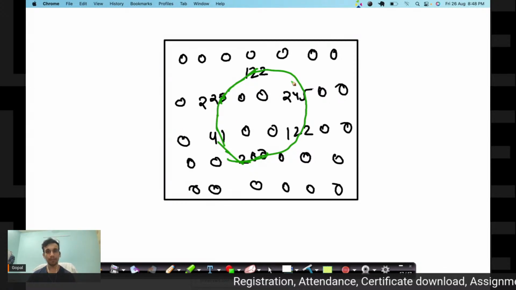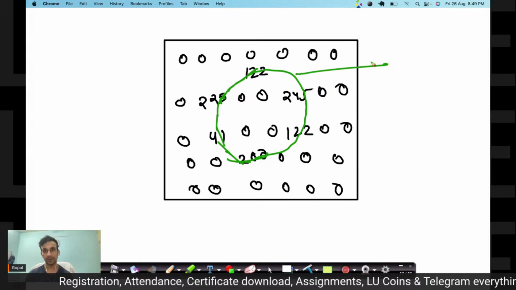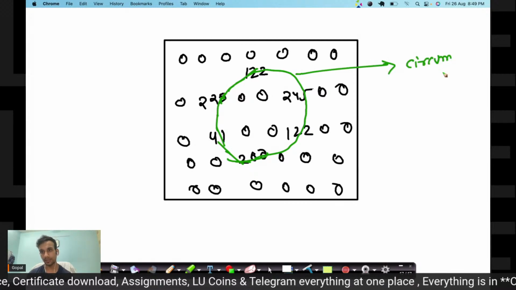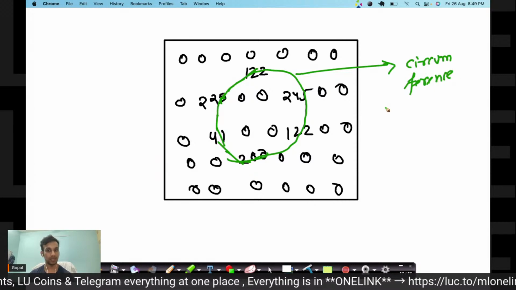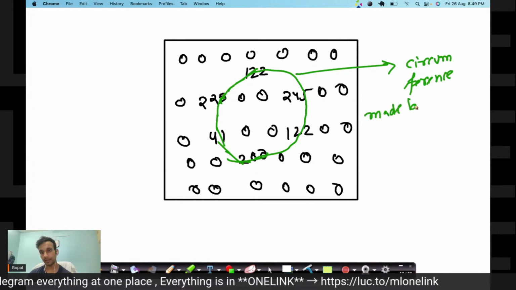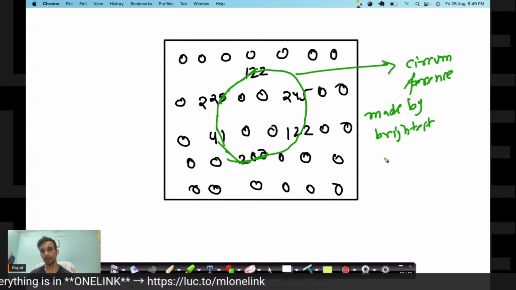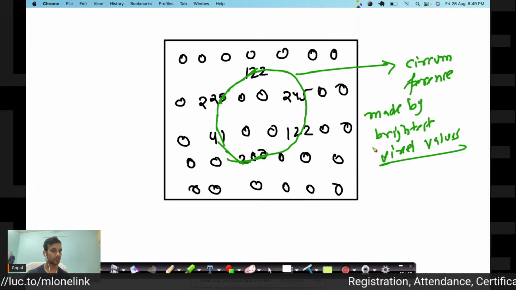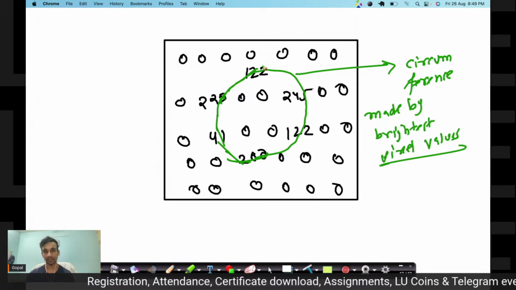This will be my brightest region, or the circumference made by the brightest pixel values. And the rest of those values are 0, which is nothing but a dark region.